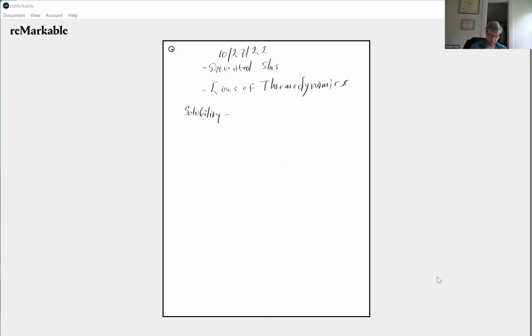Okay? How much solute can dissolve in a given amount of solvent. There are a couple things that influence solubility.